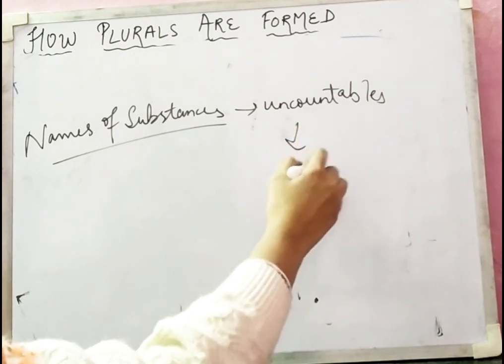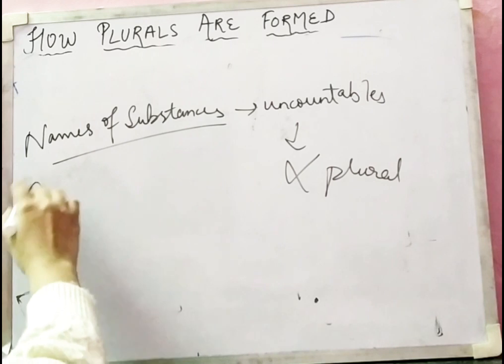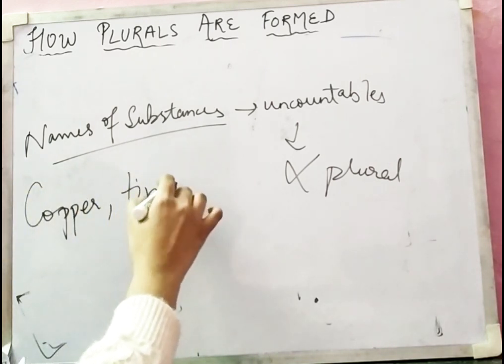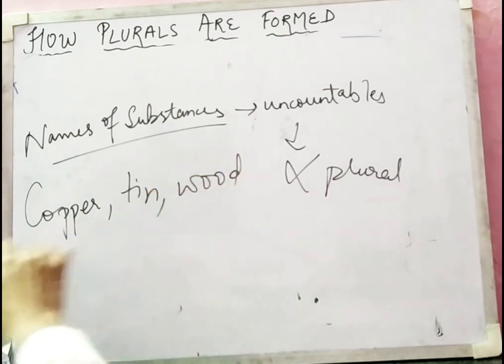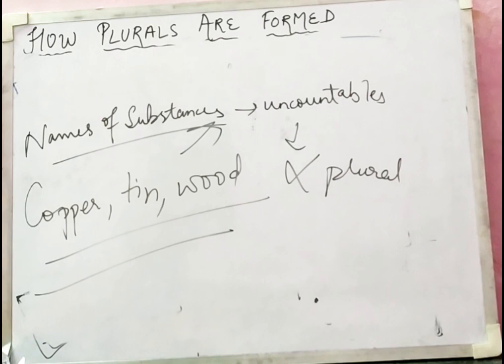Examples are copper, tin, wood. Is it clear? Names of substances are uncountables and they cannot form plural. And the examples are copper, tin, wood.